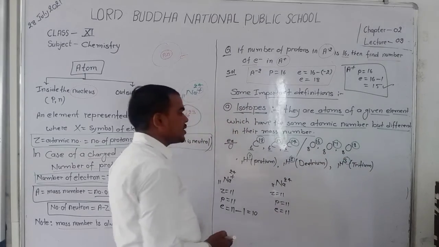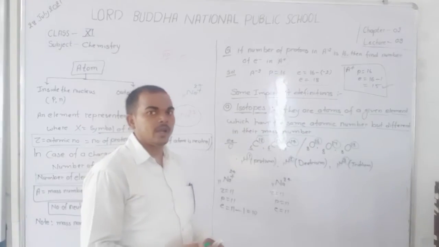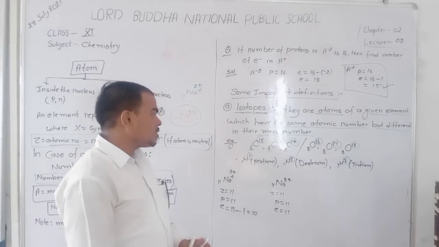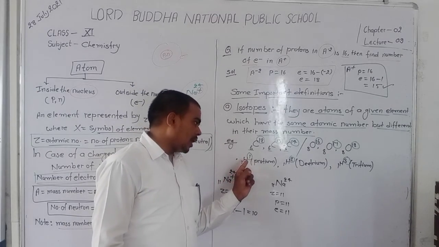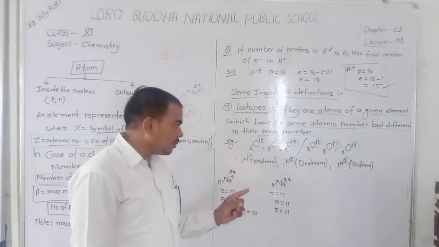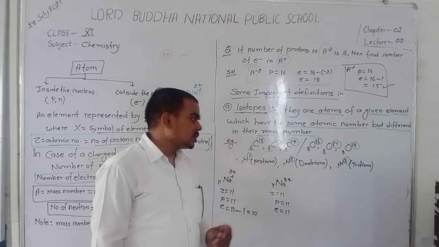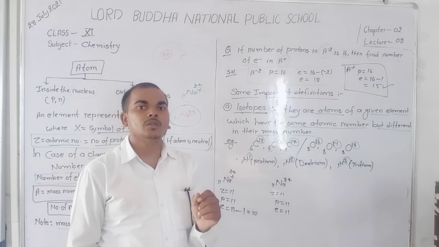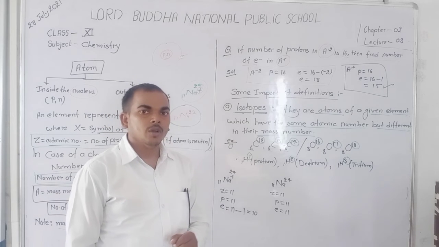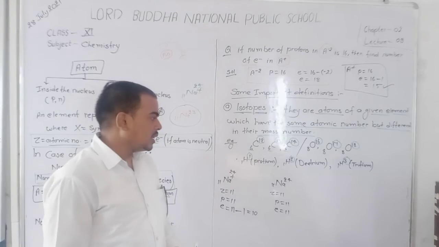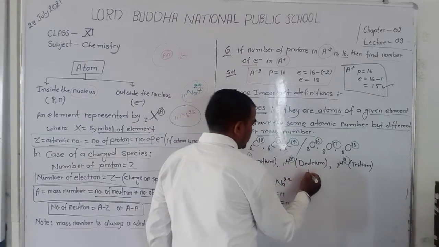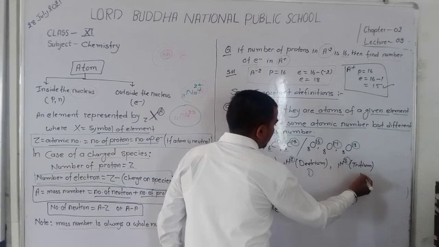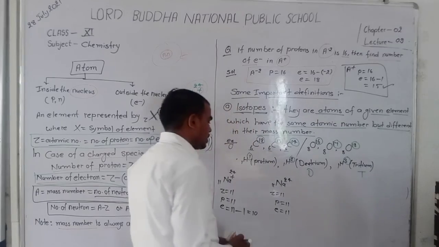Always remember that hydrogen-1 is known as protium, hydrogen-2 is known as deuterium, and hydrogen with mass number 3 is known as tritium. The representation of deuterium is capital D and the representation of tritium is capital T.